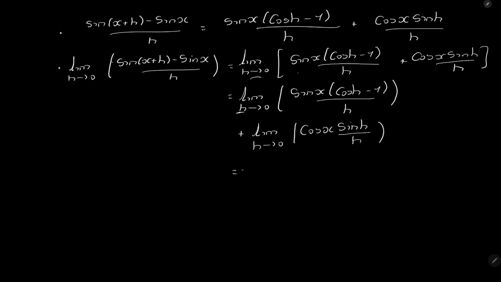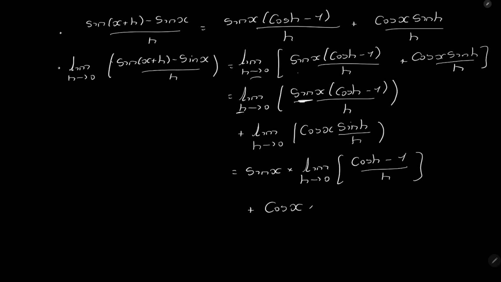What does that tell us? That tells us that this sine x can be brought outside, giving us sine x times the limit as h tends to 0 of cos h minus 1 on h plus cos x times the limit as h tends to 0 of sine h on h.